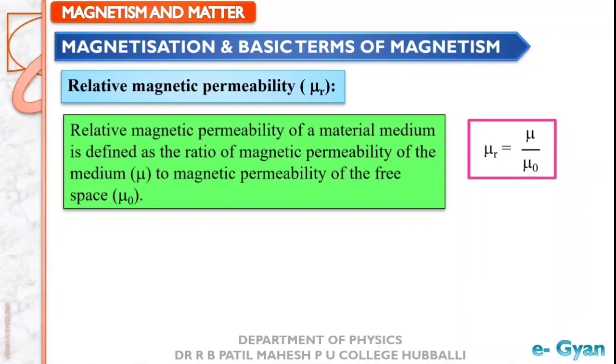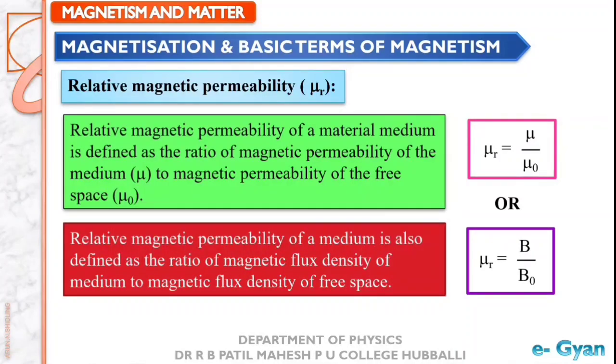There is an alternate definition: mu r is equal to B divided by B naught. Using this expression, we can also define relative magnetic permeability as the ratio of the magnetic flux density of a medium to the magnetic flux density of free space.